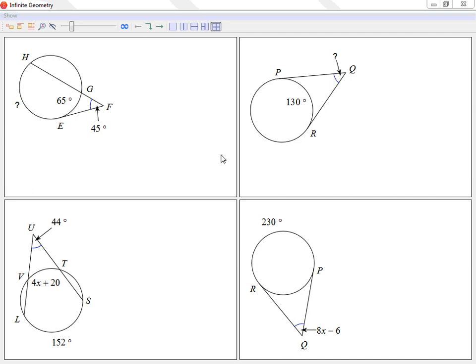Once again, you guys are looking at the angles outside of the circle. That's what we're looking at. Sometimes the angle or the unknown x will be on the circle, on the arc. Sometimes it will be an angle. So about 10 more seconds.